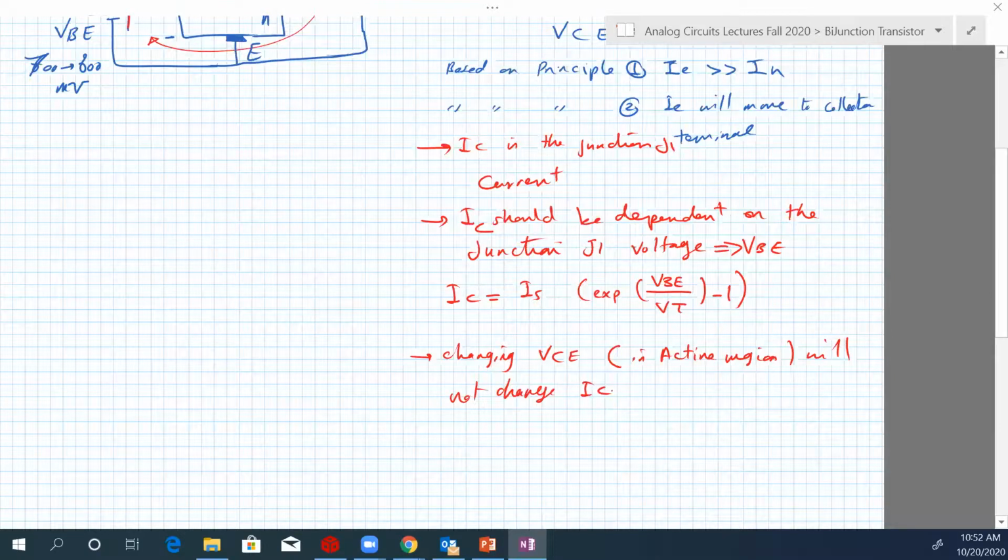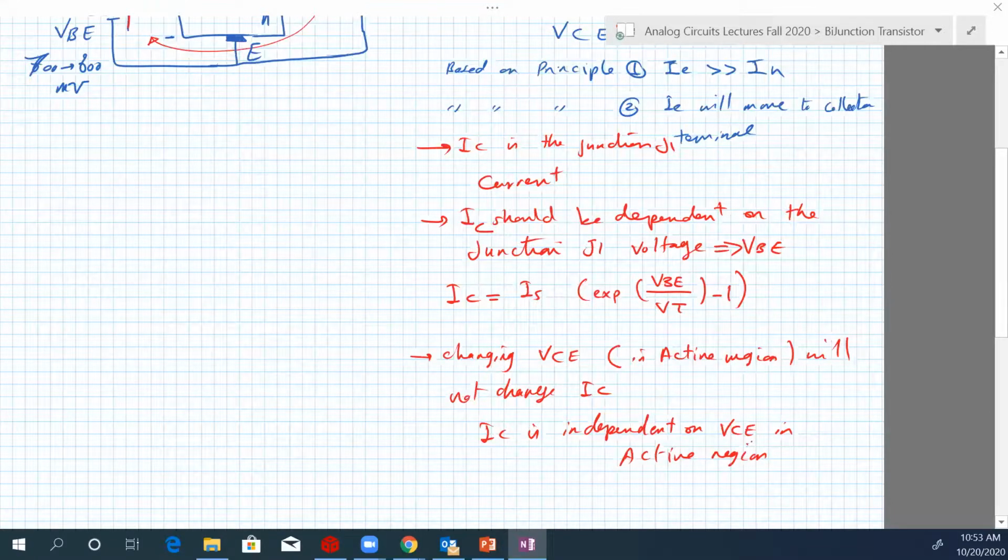IC is independent of VCE in the active region, because in some other regions, we're going to see this later, there is some dependency.